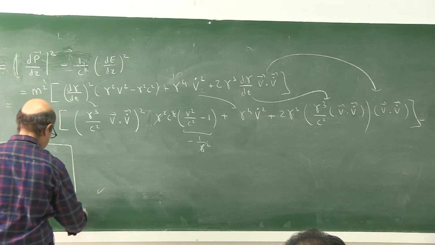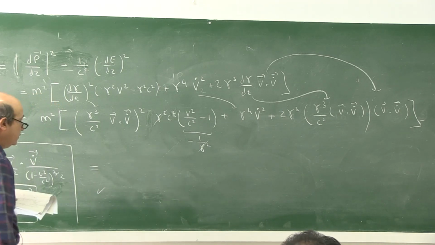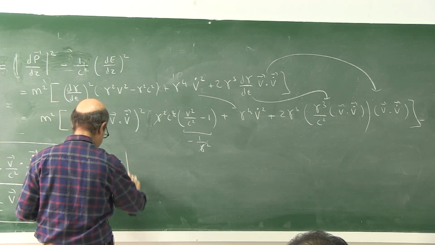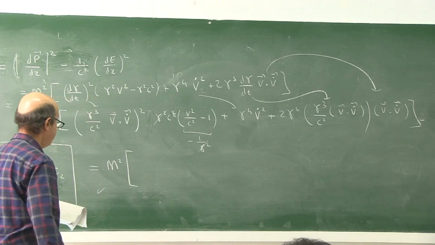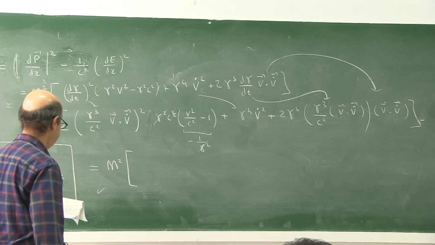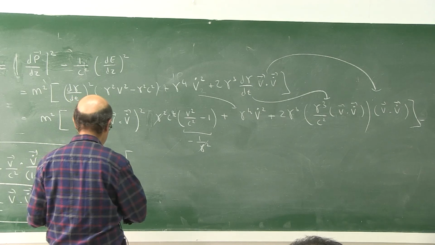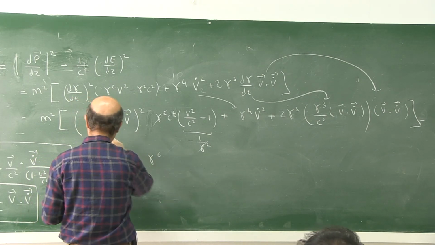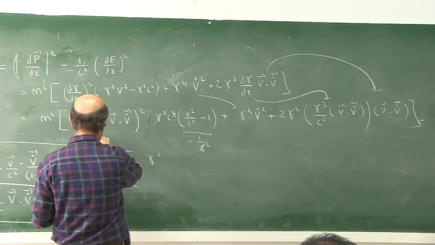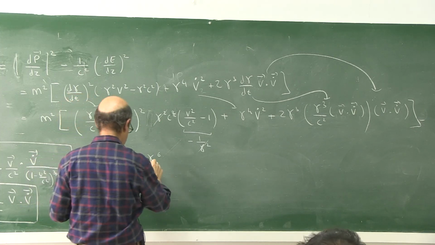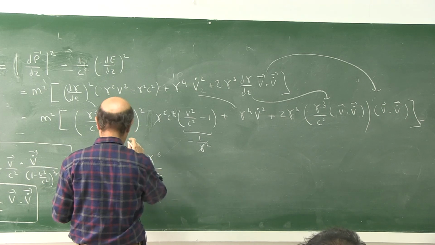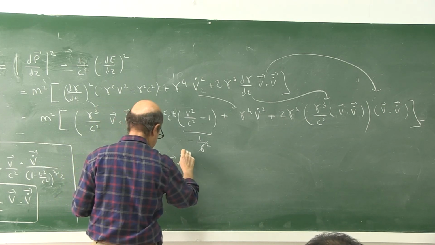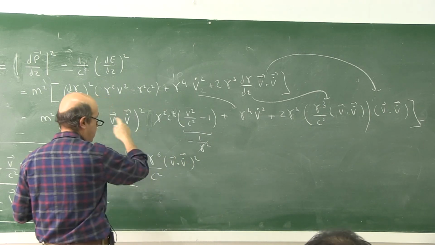So altogether, this is equal to the following: m square, minus gamma to the 6 c square over c to the 4, again c square, v dot square, this whole term.